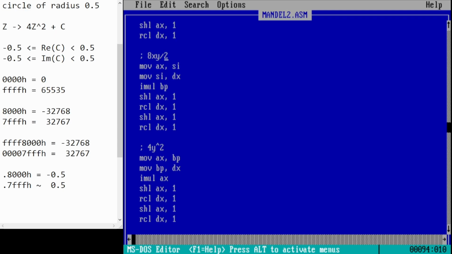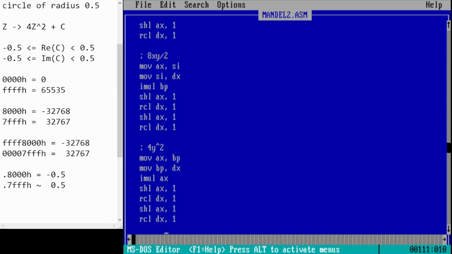So I want to shift right by 1 bit anyway, and so I may as well just do 2 left shifts instead of 3, and that'll give me the shifted value. And this actually turns out to be the shifted new imaginary component of 4z squared. So I'm done with that, and so I just need to subtract these other 2 values I computed to get the real part of 4z squared.